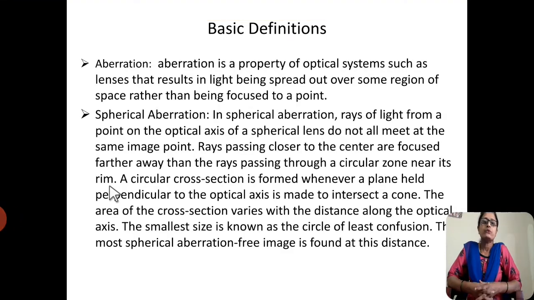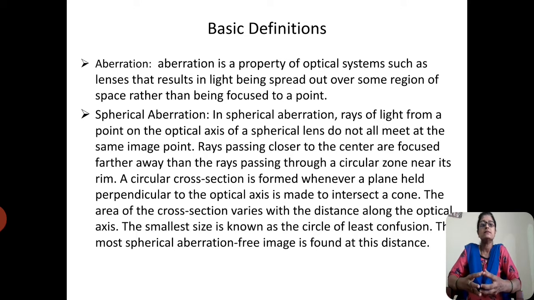Before starting the derivation of the least confusion, we have to discuss some basic definitions regarding this derivation, that is the aberration. As we know from earlier videos, aberration is the property of an optical system, such as lenses, that results in light being spread out over some region of space rather than being focused at a point.